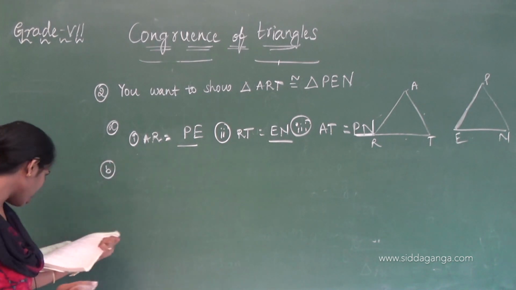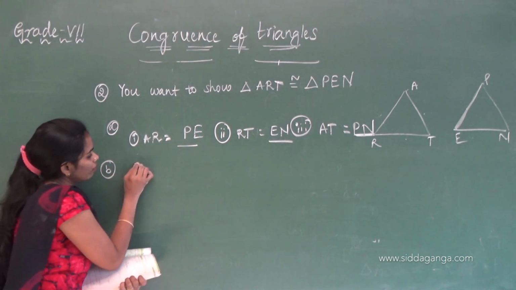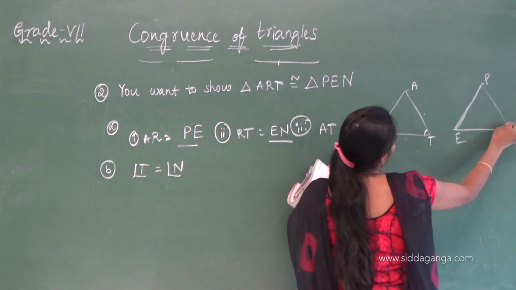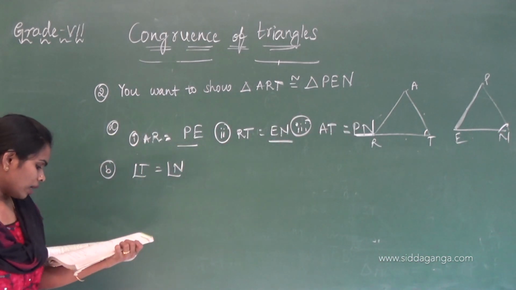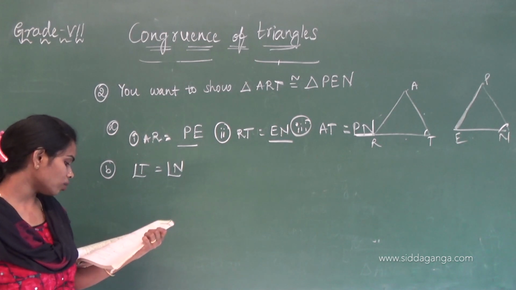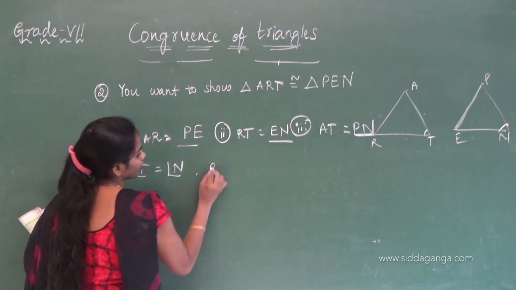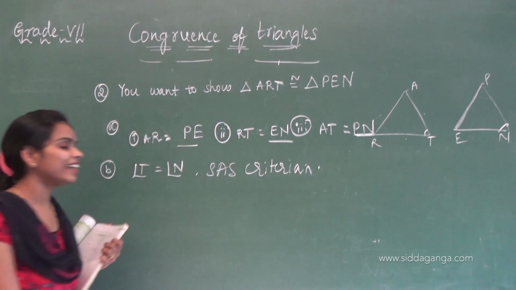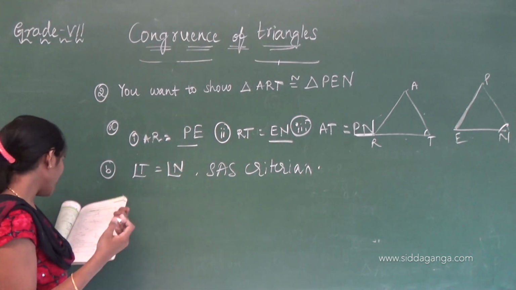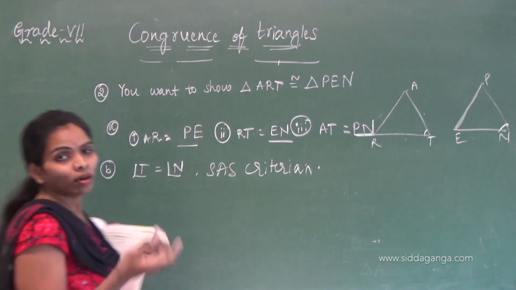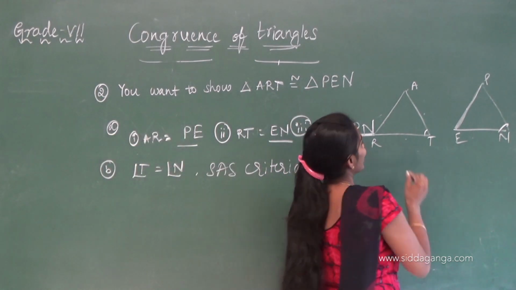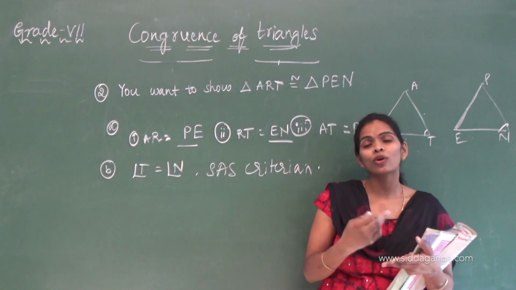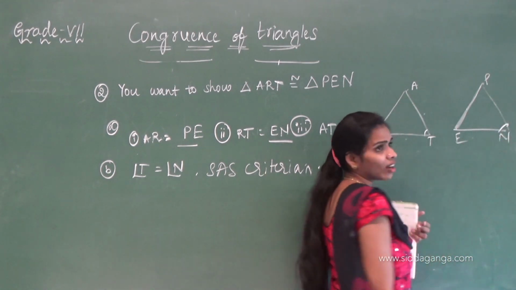Now B question. If it is given that angle T is equals to angle N, this one and this one equal, and you have to use SAS criterion. What does SAS criteria say? Two sides and one included angle of one triangle are equal to two sides and the included angle of another triangle.